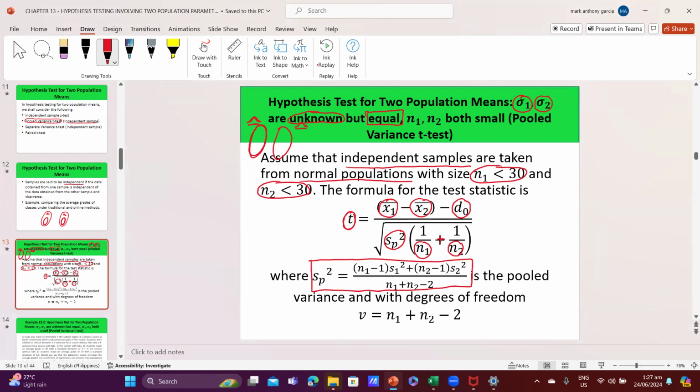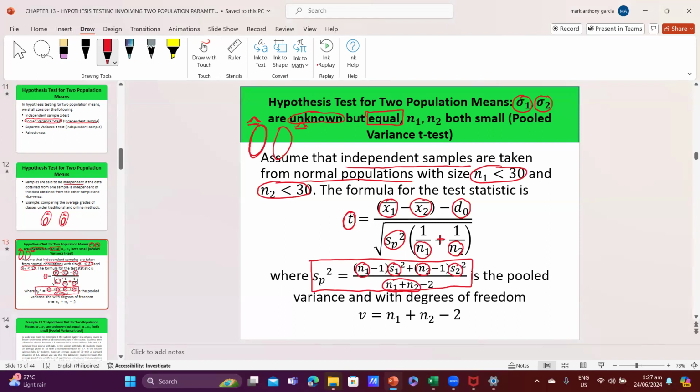The pooled variance is the sample size of the first group minus 1 multiplied by the standard deviation of the first group squared, plus the sample size of the second sample group minus 1 multiplied by the sample standard deviation of the second group squared, divided by the total of the two sample sizes minus 2.